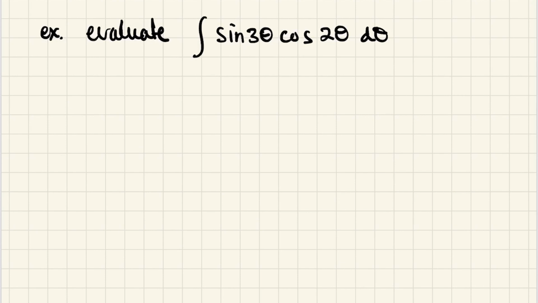Well, we know what to do with cosine of 2 theta, because there's an identity where that's just cosine squared theta minus sine squared theta. And all we have to do is find some identity to turn sine of 3 theta into cosines of theta and sines of theta.